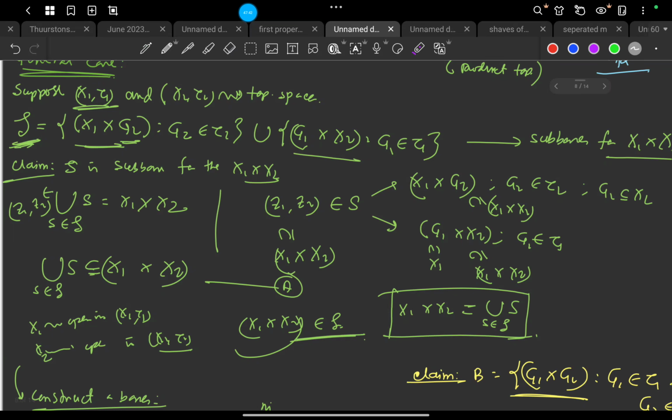So this is the basis generated by this particular subbasis.